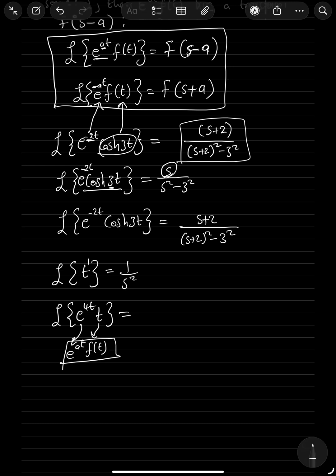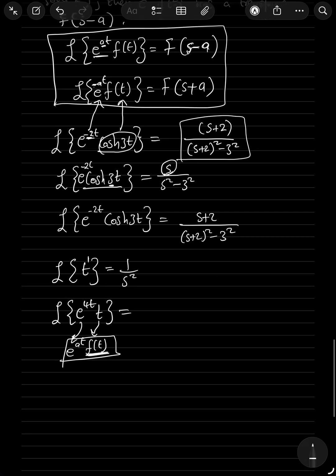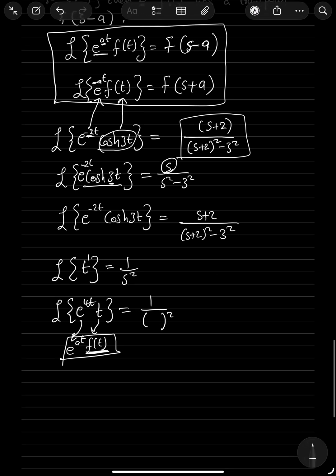If you have this format and you're finding the Laplace of it, always use the first shifting theorem. But you start with evaluating the Laplace transform of the function f of t, because that's the one that is going to give you direction. We know that this is 1 over s squared, where this s, I put brackets.